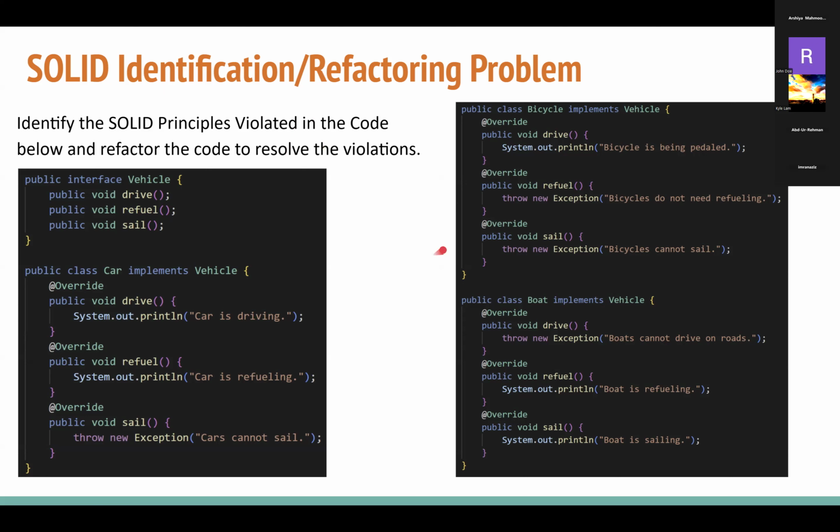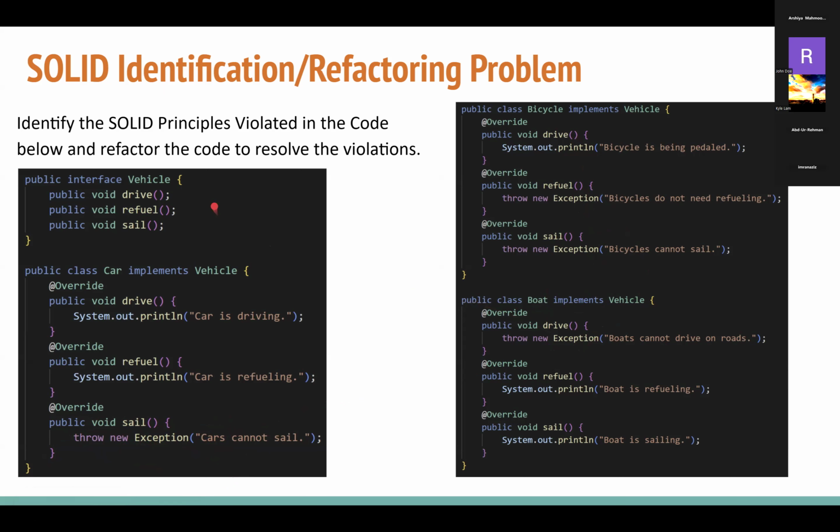You can see ISP is violated here because you have an interface with drive, refuel, and sail, and in class Car, which implements Vehicle, the implementation for sail throws an exception, so it's not implemented in a valid way. You see the same thing in Bicycle and Boat. Exceptions are thrown for refuel and sail for Bicycle, and for Boat, drive throws an exception, right?